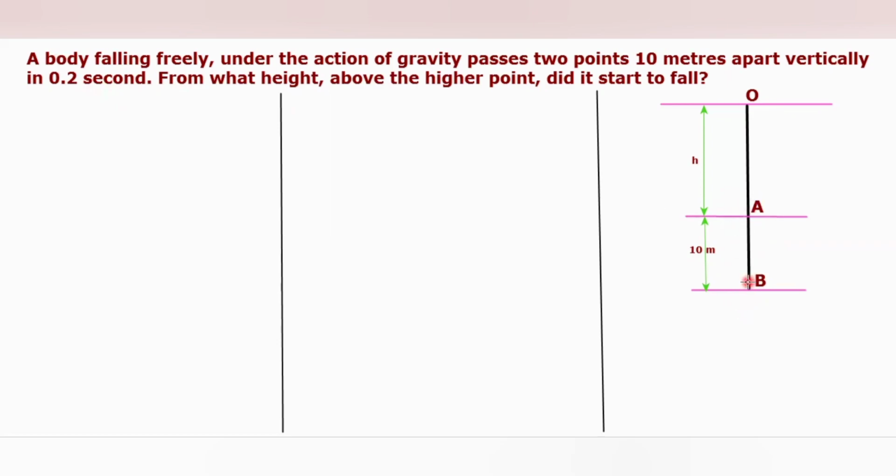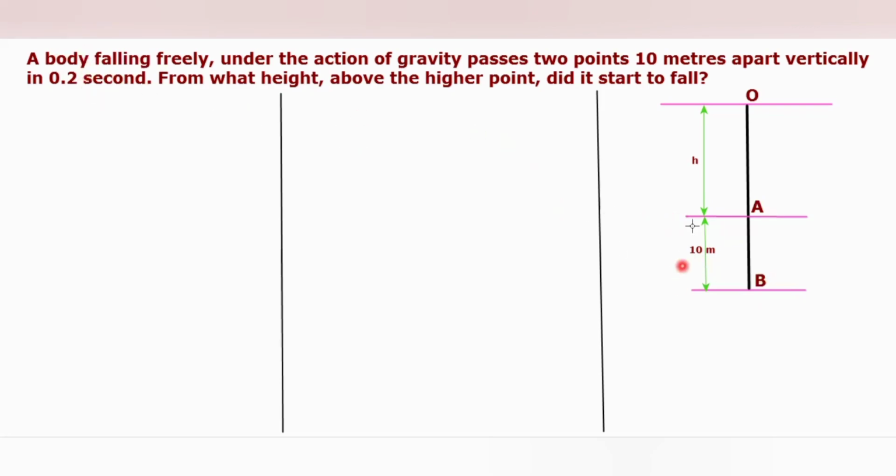Okay. This is the main thing. It means that along its downward path, we can take any points A and B with 10 meters, but only the particular points, like here A and B, which are 10 meters apart, the body will take 0.2 seconds.